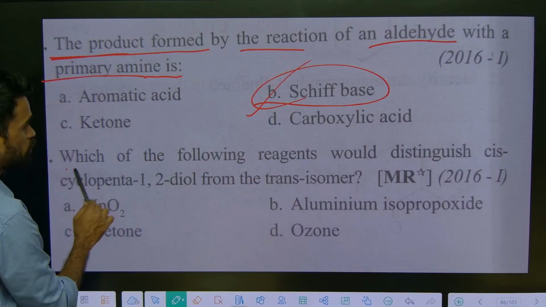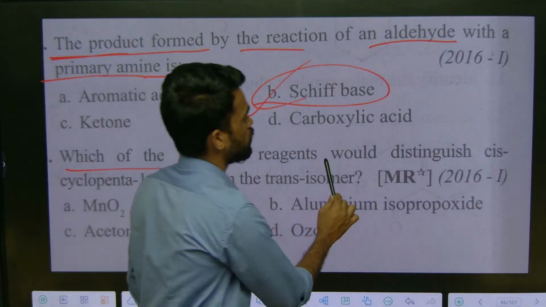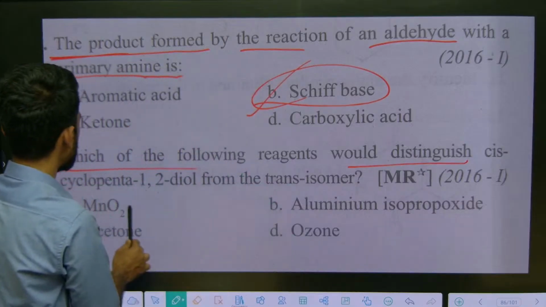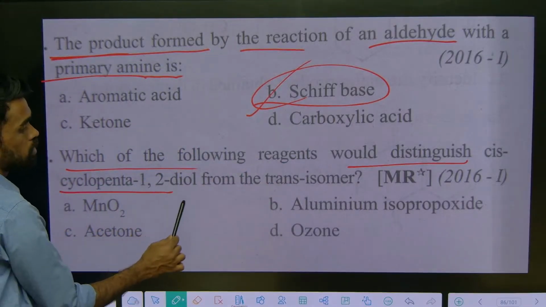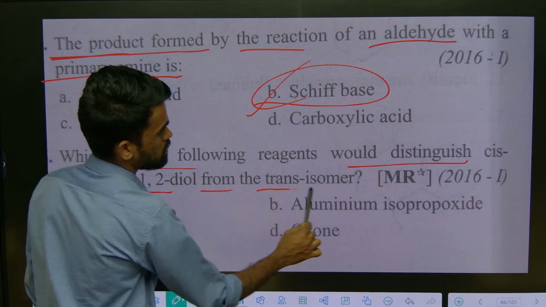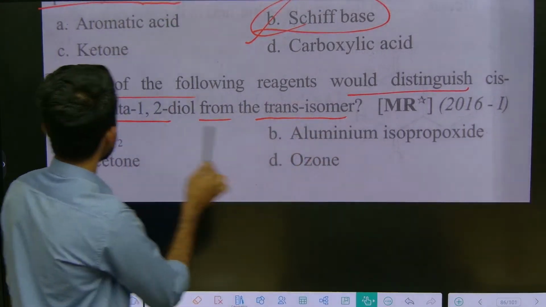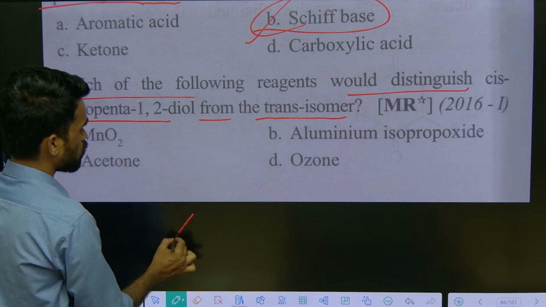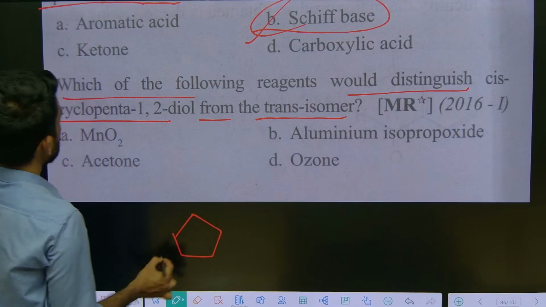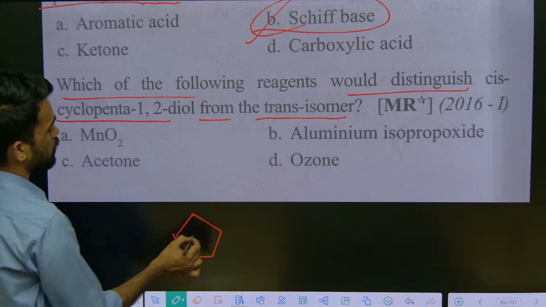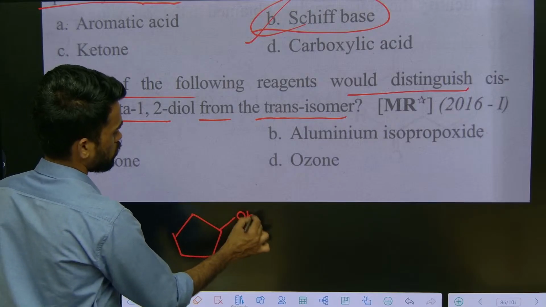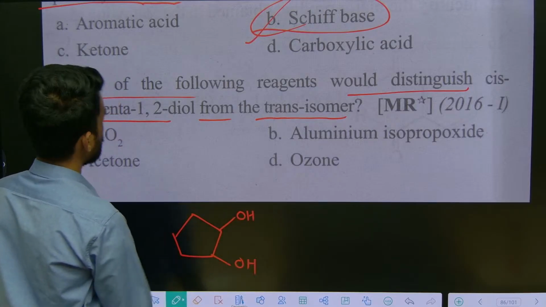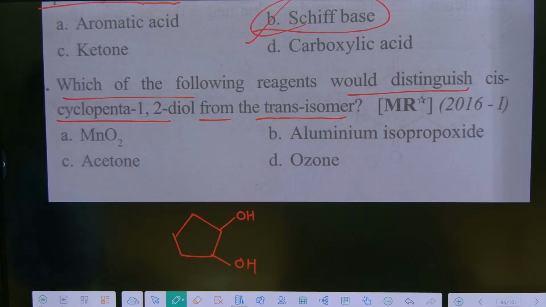Next, which of the following reagents would distinguish cis cyclopentane-1,2-diol from the trans isomer? They are saying the structure is cis. Just write the structure of that cyclopentane-1,2-diol.